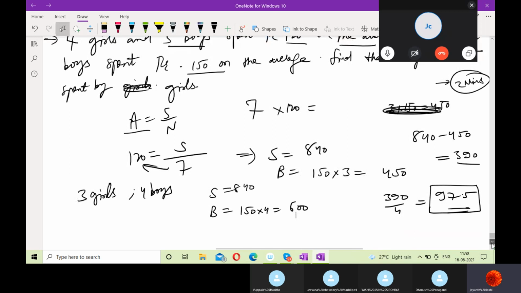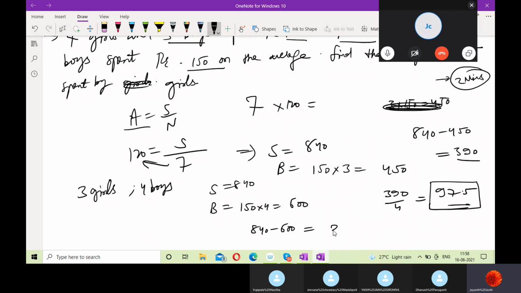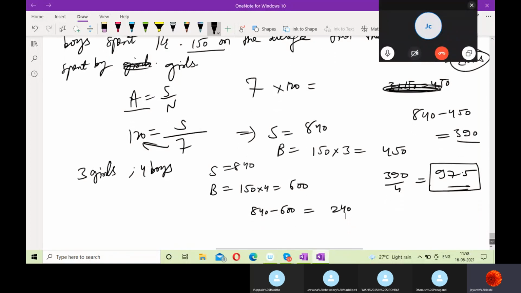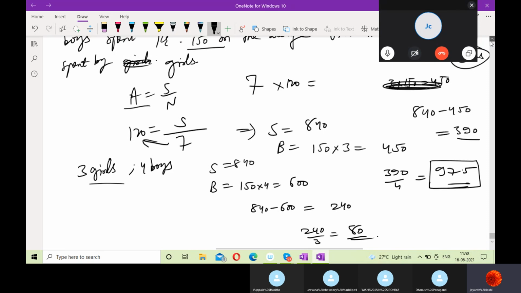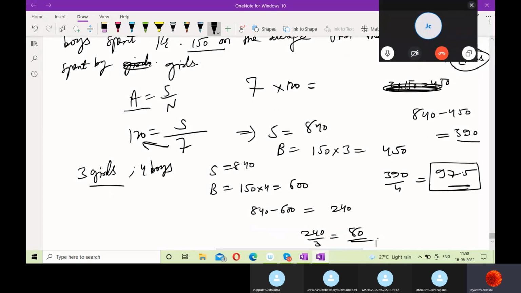This is the total expense. Boy spend is 600. Leftover is 240. Now this 240 will be spent by whom? Girls. How many girls are there? If I change the example, 80 per girl. So you have got a wrong answer. Please correct it. And if this is the example in this way, this is the right answer. Okay, all of you make a note of it. I'm giving the next question to you.